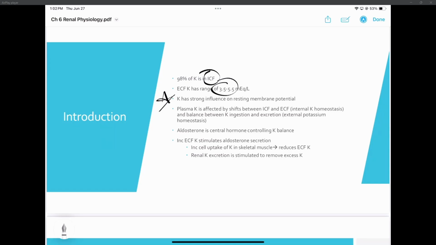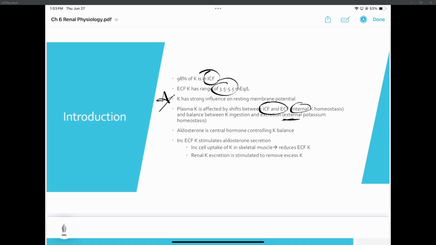So there's two different ways to approach potassium balance. One, internal and external. The internal is just between the ICF and the ECF. We can move potassium in and out. Or we can alter how much potassium we excrete in the urine.